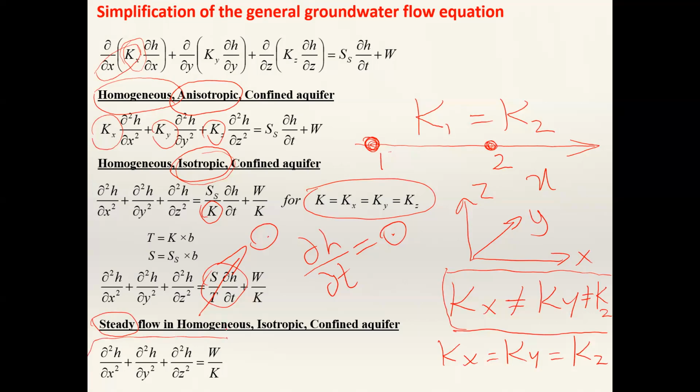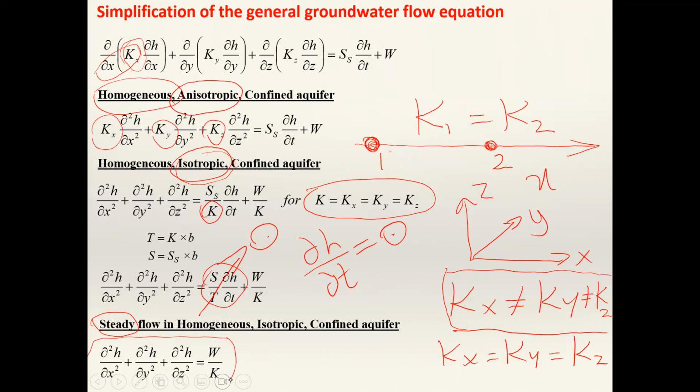Now you see how simple the equation becomes when you apply the assumptions. You can apply the assumptions, but you have to make sure that these assumptions are valid in practical cases. For example, in the beginning part of a pumping test, hydraulic head changes very rapidly. Drawdown is very significant. Therefore, at that time, you cannot assume the flow is steady.